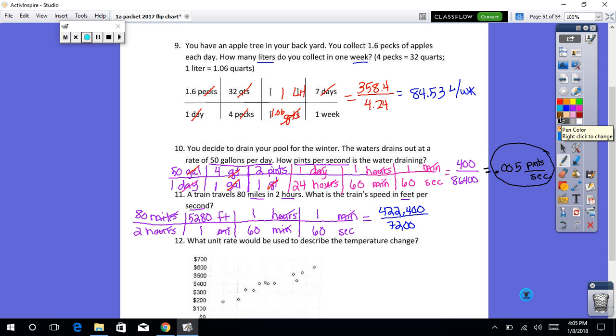And when you simplify that, you get about 58.67 feet per second.